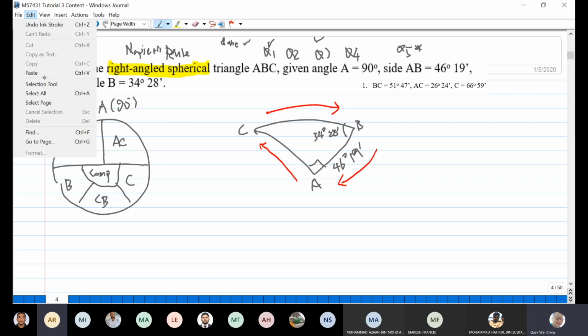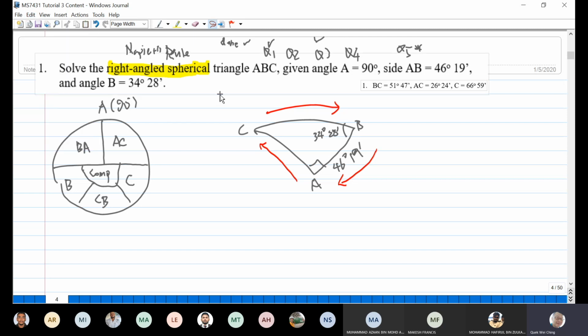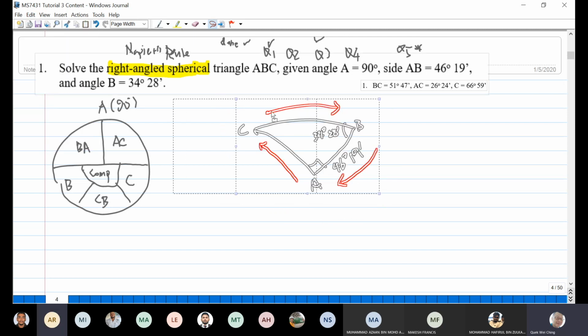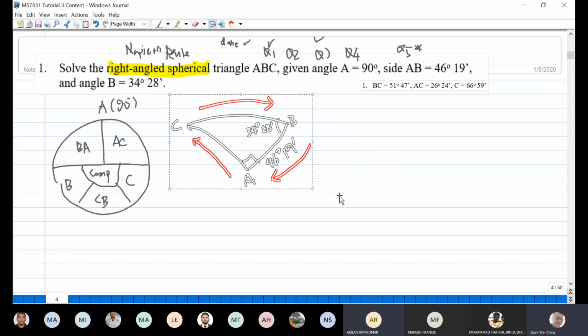Sir, one doubt, please. Why not A at the top side? Your right hand side is AB, so why can't we start with CA like that? Then you are not in the clockwise direction. Actually there is nothing wrong with that.